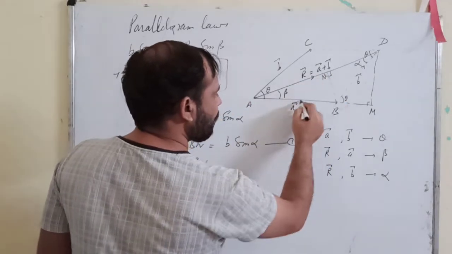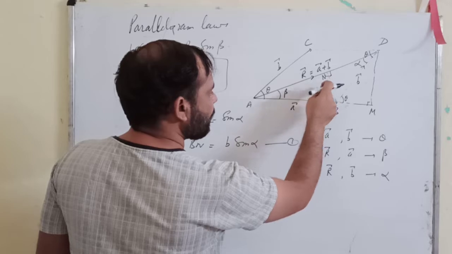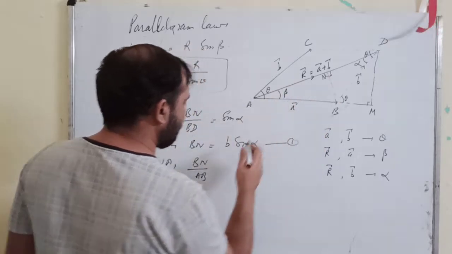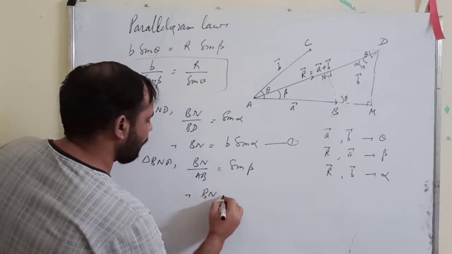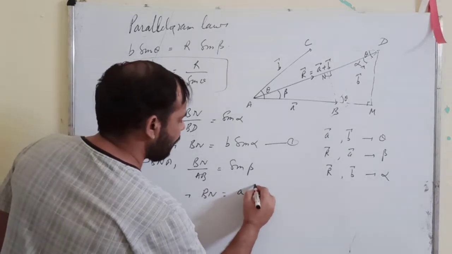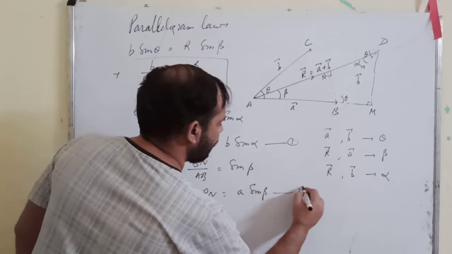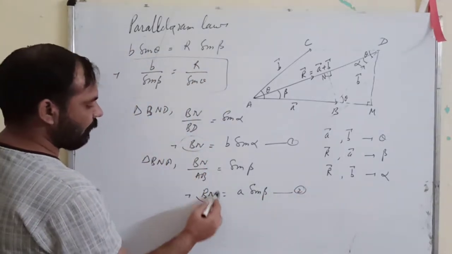This is a right angle, so perpendicular by hypotenuse is sine beta. So BN equals A sine beta. Take this as second. Now they both are equal to BN.